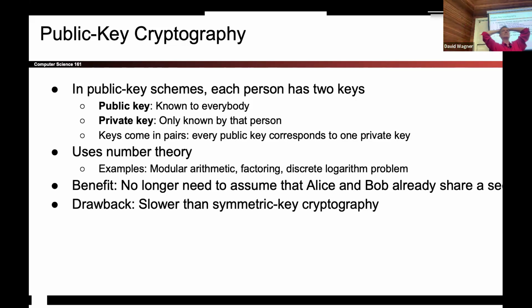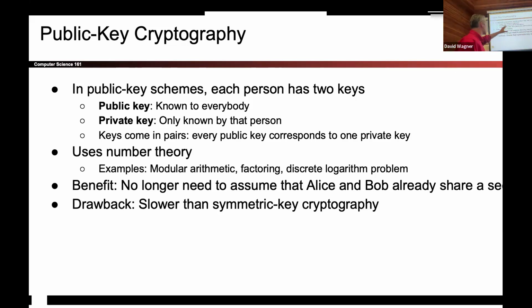And in encryption, anyone's going to be able to encrypt a message to Alice using her public key, but only she can decrypt with the private key. So now every key has a counterpart. The public key has a private key that corresponds to it, and the private key has a public part that corresponds to it.